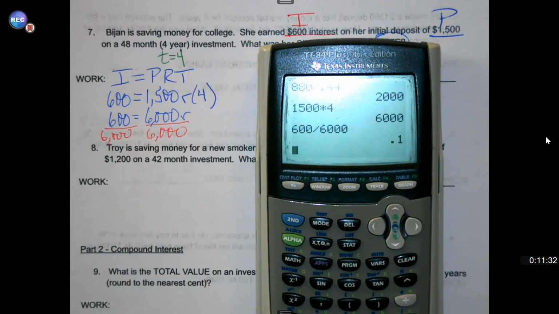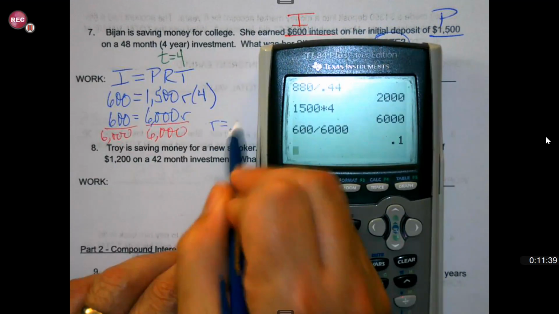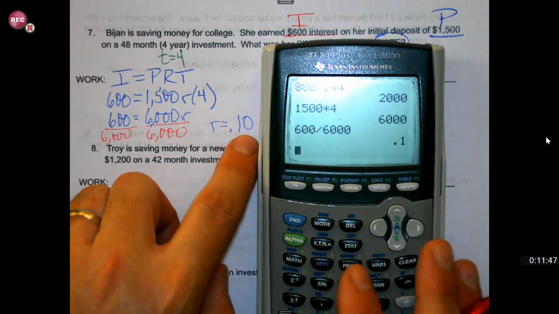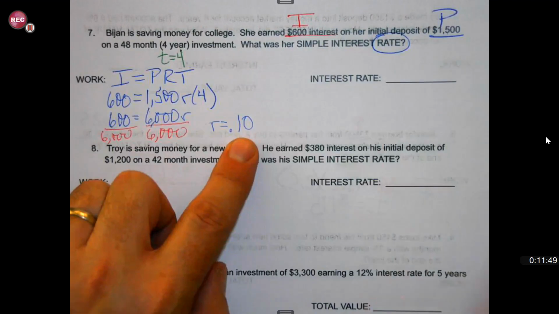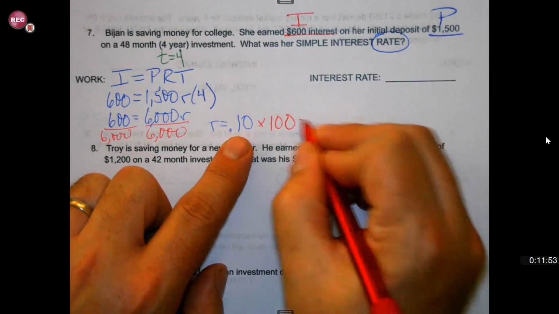Now, the one thing that I have to really watch for here: you're like, okay, so R equals 0.1, or I'm going to put a 0 on there. Remember, if you're going from a rate decimal back to the actual rate, you multiply by 100.